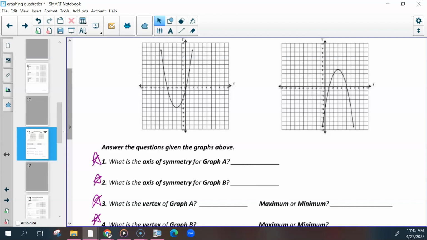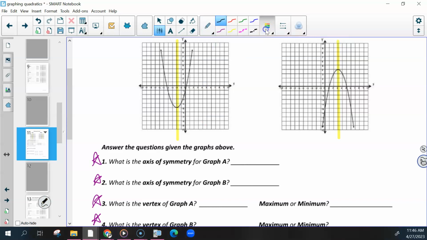So if you're given the graph, you don't have to do the work for the axis of symmetry or the vertex, because the axis of symmetry is going to be the middle of both. So look at where it splits the middle, and that's going to help you find it.